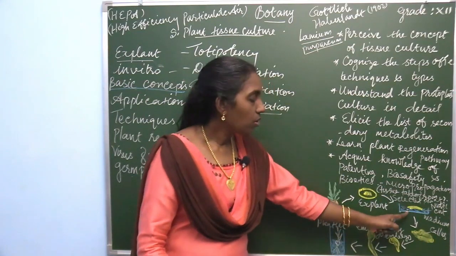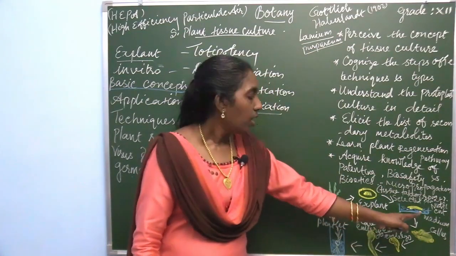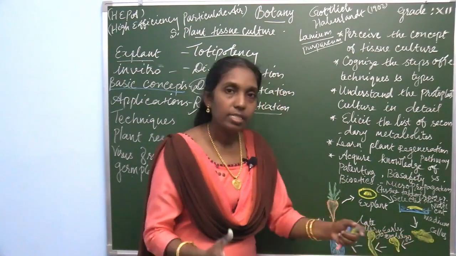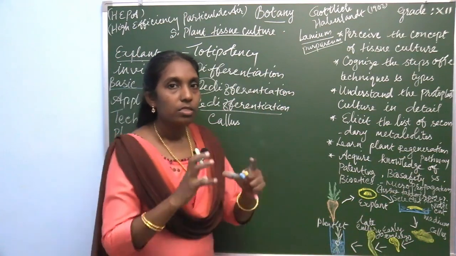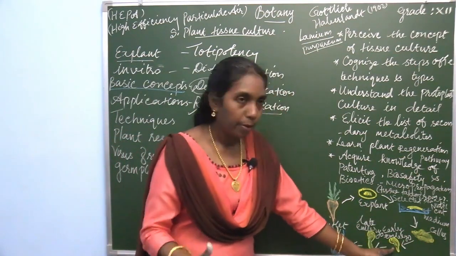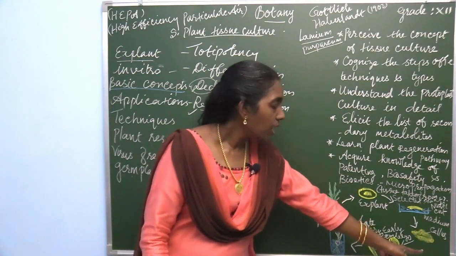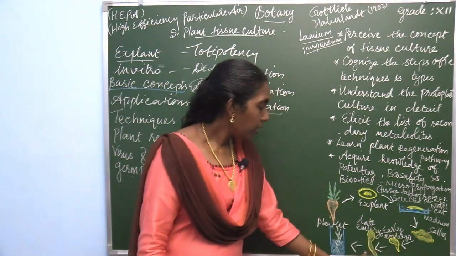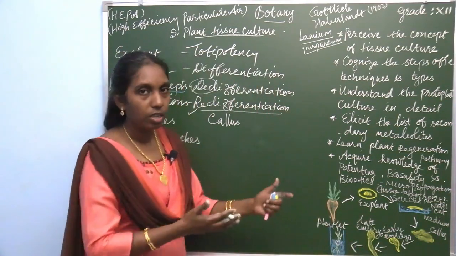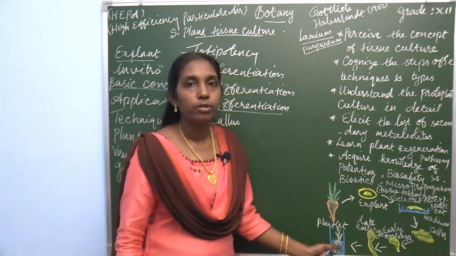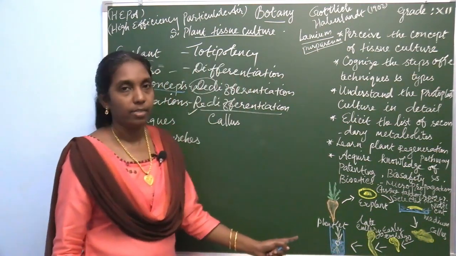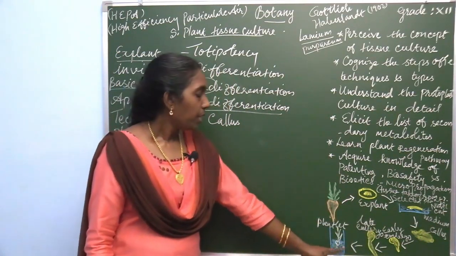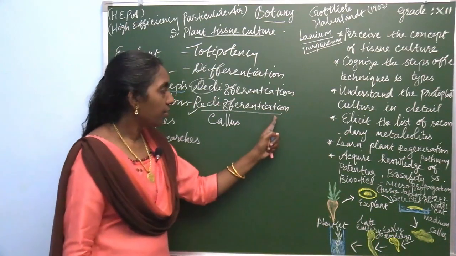Further division of this tissue forms callus, a mass of undifferentiated cells. This cell again forms the embryo because it can develop into the entire plant. So there is formation of embryo, then early embryo, late embryo, the shape changes, a lot of changes take place. Finally, it produces the plantlet. Thousands of plantlets can be developed from a single cell. So this process is re-differentiation.